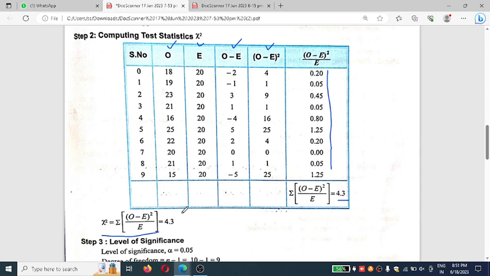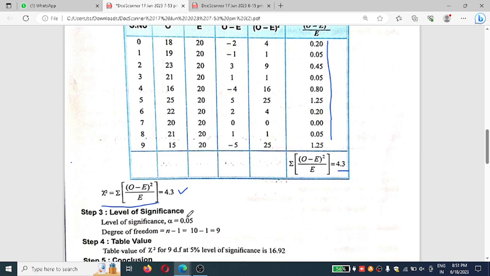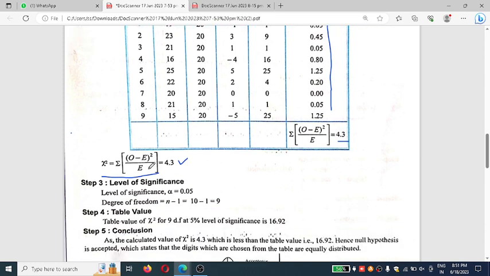What calculation you have done, students, that's why this is the calculated value. In the next step, you will find out the level of significance. For level of significance, alpha will be 0.05 and degrees of freedom is n minus 1. We have 10 observations here, that's why we write 10 minus 1, which is 9.